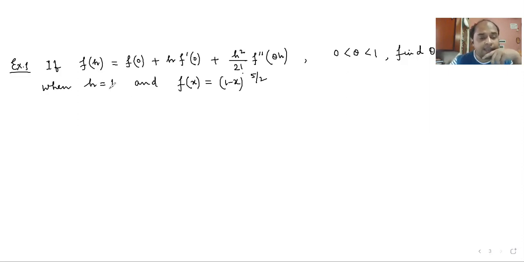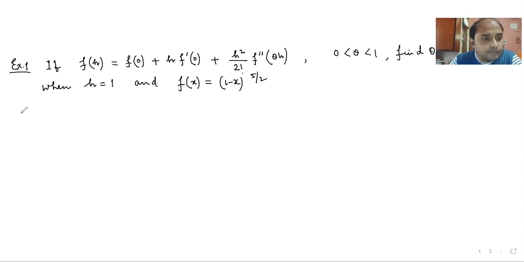Function is given, h is given, this expression is given, and from that expression I am going to find theta, where theta is a real number lying between 0 and 1. So let us first solve this particular problem. Gradually, once the class ends, we are going to understand what is happening. Right now, try to look at this from a technical perspective, how to solve this particular problem.